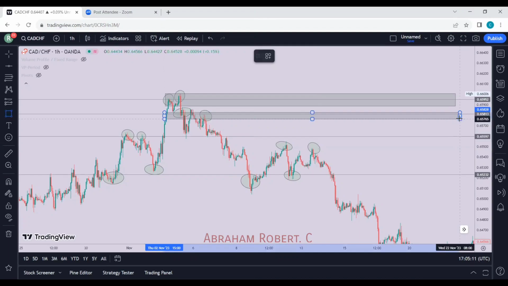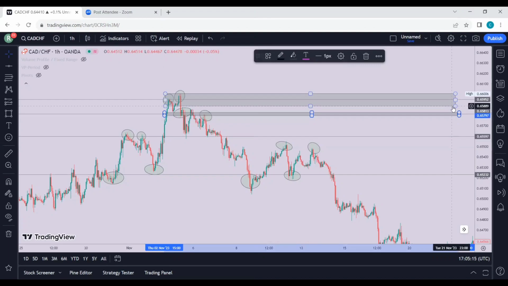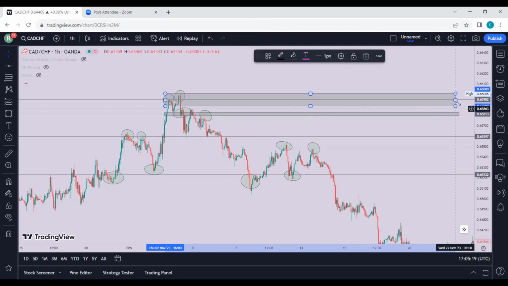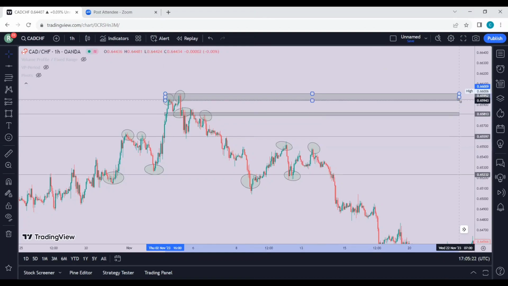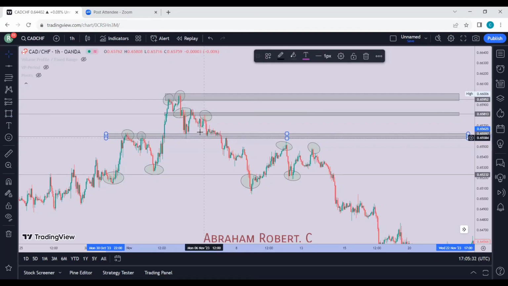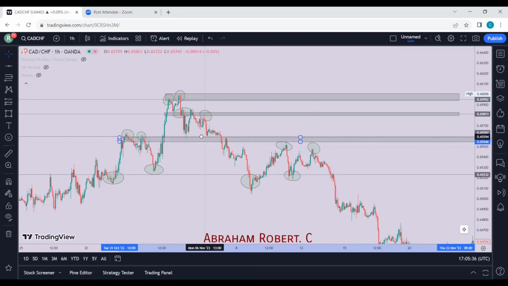As you can see, this can even be one zone, these 2 lines.